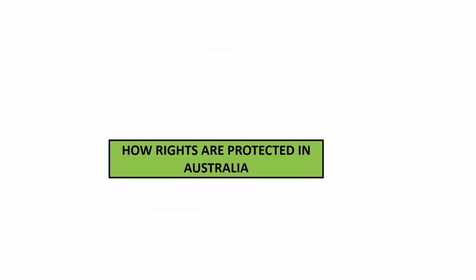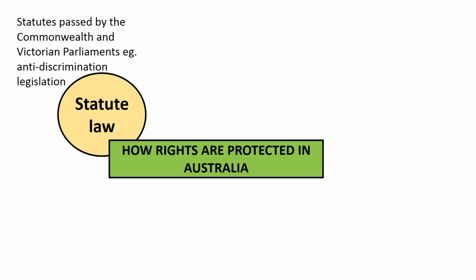By way of recap, this slide sets out the four ways in which rights are protected in Australia. Firstly, through statute law. There are statutes that have been passed by the Commonwealth and Victorian parliaments that protect many of the rights that we enjoy today. For example, there is legislation that prohibits people being discriminated against on the basis of their gender, sexual orientation, religious beliefs, or race.